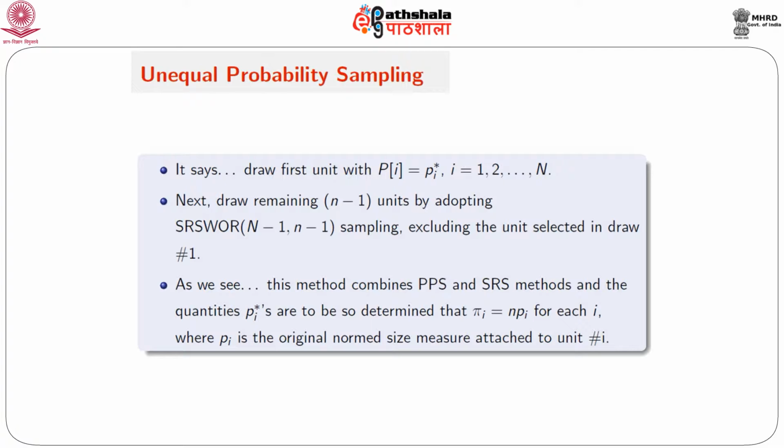As a matter of fact, if pi i is proportional to p i, that is still desirable, and at the same time we don't want to have complicated expressions for pi ij. Such sampling designs are aimed at achieving pi i proportional to p i. These are called pi PS sampling designs or sampling schemes. Pi PS means inclusion probability proportional to size sampling designs or sampling schemes. The interpretation being that the inclusion probability pi i is proportional to the size measure.